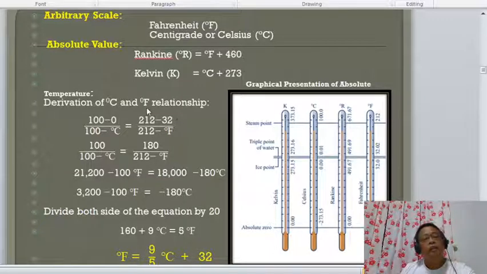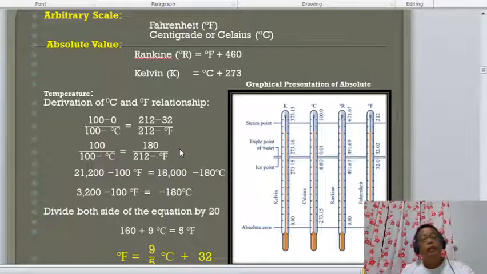This is again the boiling point minus the freezing point over the boiling point minus the Fahrenheit scale between 32 and 212.